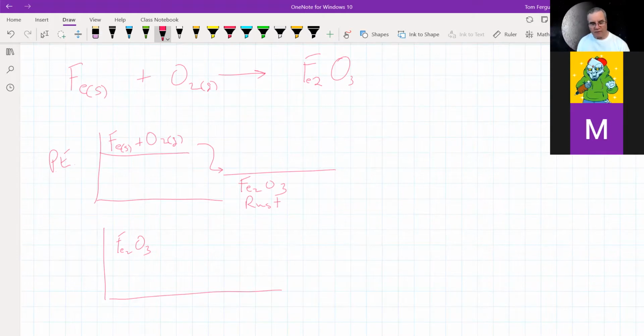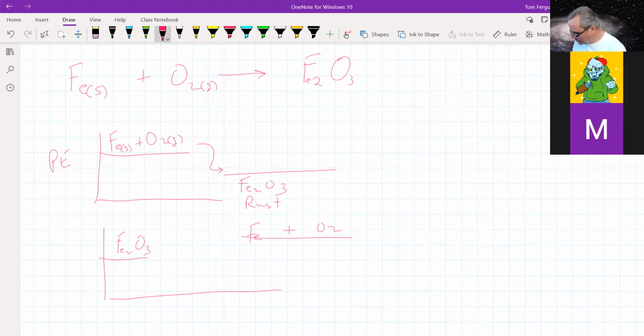See, removing rust, it's still rust. Right. I'm saying, could we convert this back to that? No. Actually, you can, but it requires energy because it doesn't happen naturally.